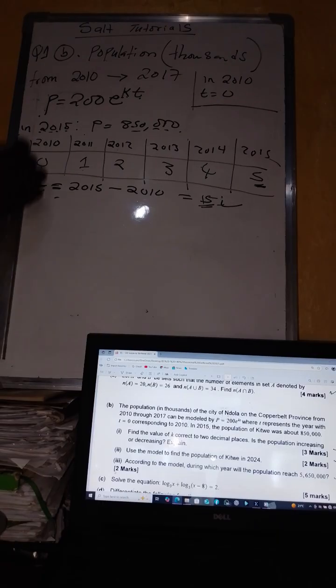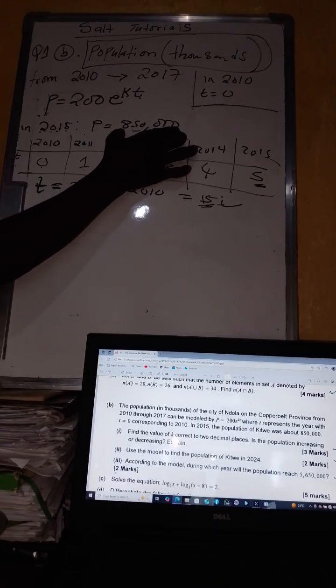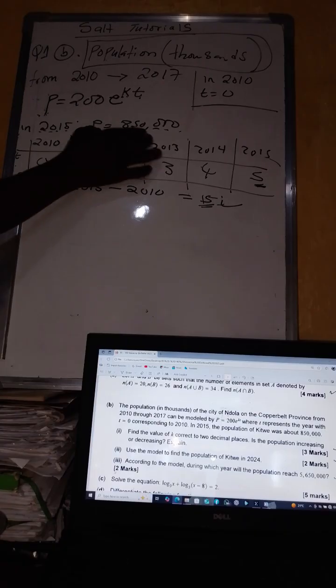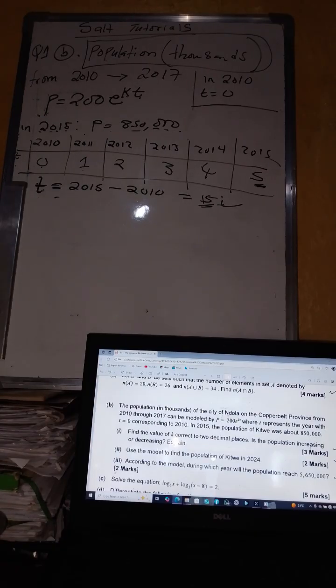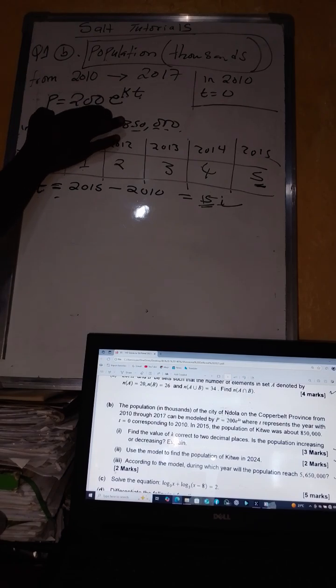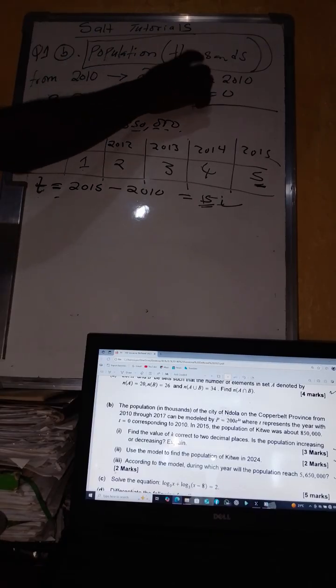So what am I going to have? Now, before replacing the p in the model, take note of this statement which says the population is in 1,000. If the population is in 1,000, I'm not going to enter the whole 850,000 here, but we are going to break this down to suit the model. This is the actual population, about 850,000 people. But for me to enter it in the model, it has to be divided by 1,000, because this model already suits the population in thousands.